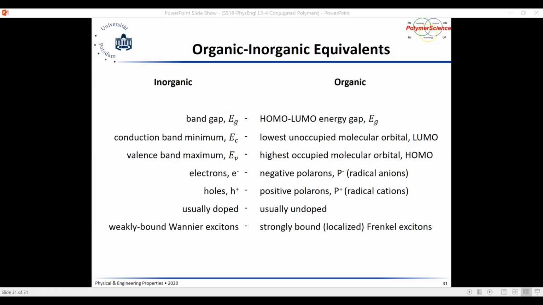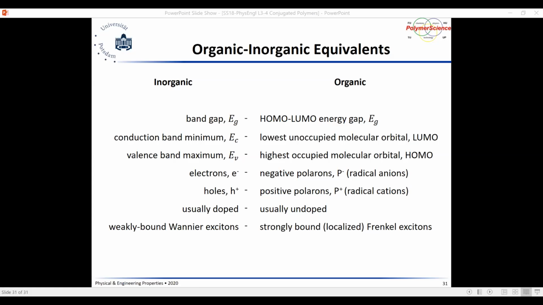The thermal energy, kBT, at room temperature is 25 milli-electron volts. The Coulomb binding between the electron hole pair, which results in a binding energy, is at least an order of magnitude, definitely 20 fold or 30 fold larger. And this type of exciton is called the Frenkel exciton.